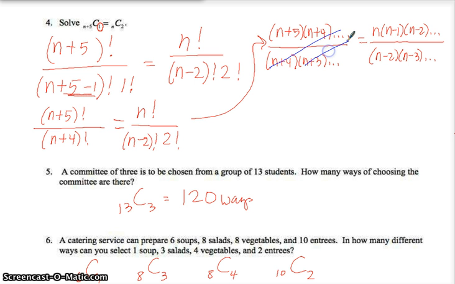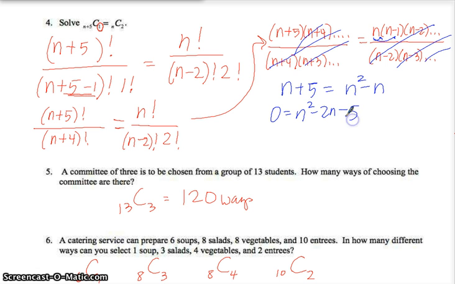So all of these cancel, so I end up with just an n plus 5 on the left-hand side and an n squared minus n on the right-hand side. So if I move everything to the right-hand side, I get n squared minus 2n minus 5 equals 0.